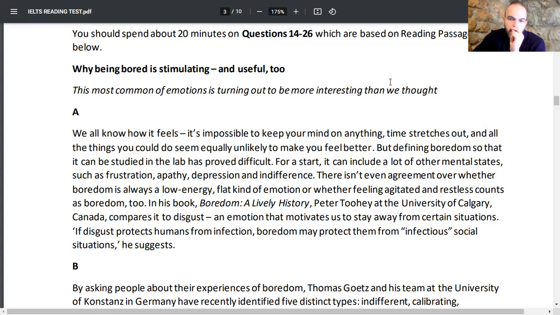So starting from the sentence, let me show you which sentence. Yeah, an emotion that motivates us to stay away from certain situations.